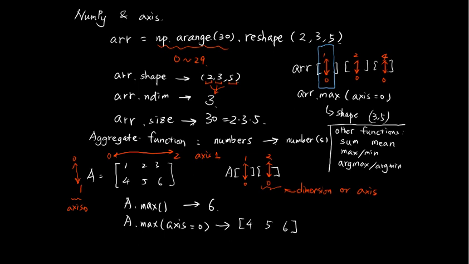Pretty much these are frequently used functions, and all of them have a similar feature. Once you set up the sum or the mean, it means that you want to take the mean of a collection of numbers, and what the collections are depends on your setup. If you don't set the axis, then it is the mean of the 6 numbers. If you set axis equal to 0, then it is the mean of each column. So it depends on your setting, and you will generate different outputs.